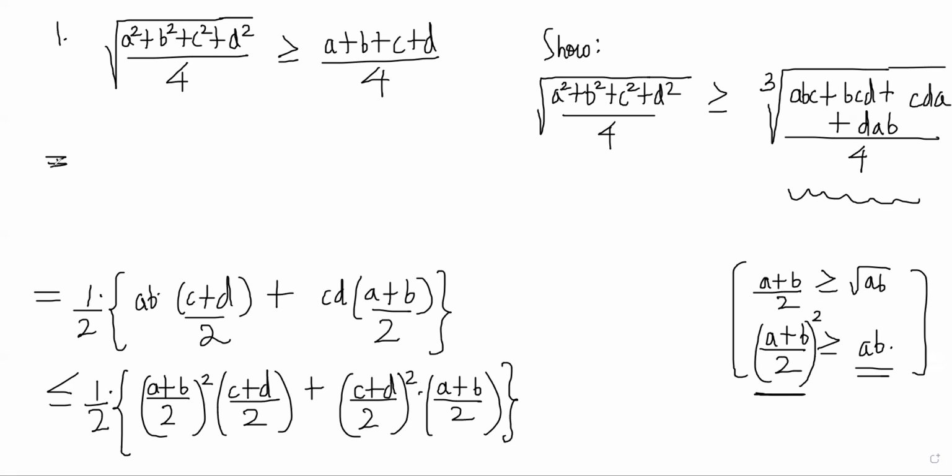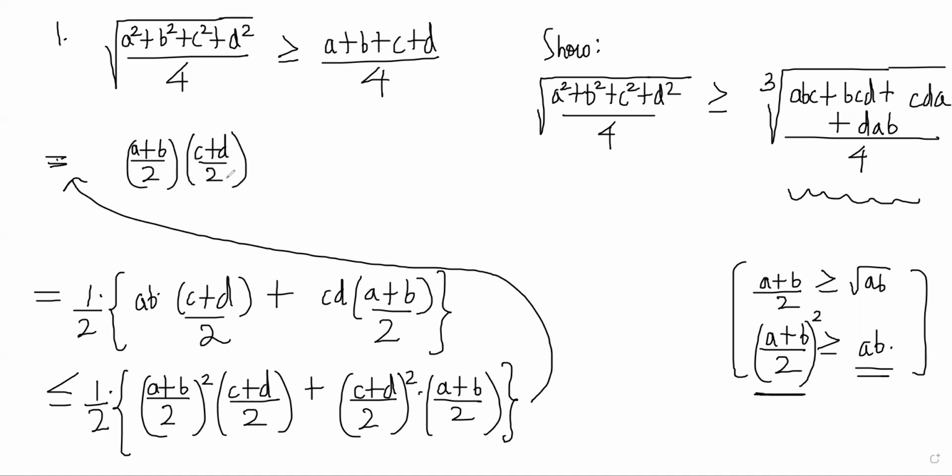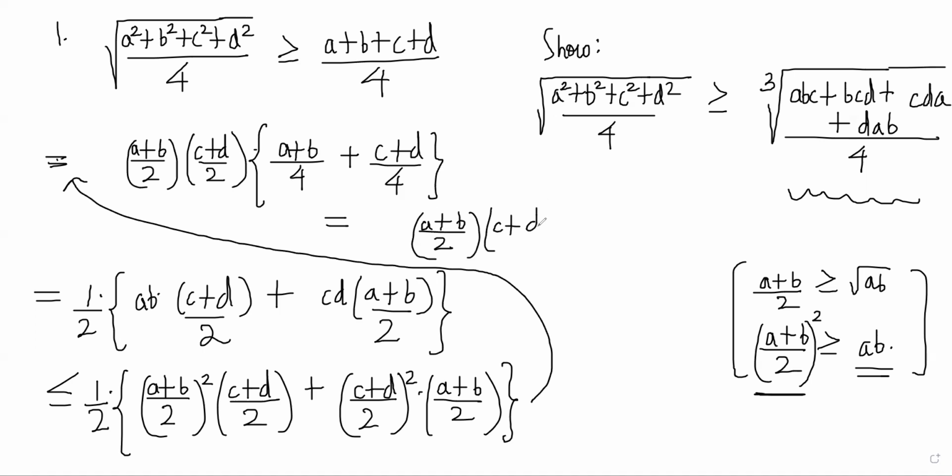So this inequality is equal to a plus b by 2 common, c plus d by 2 also common, and inside, you take the half inside, you get a plus b by 4 plus c plus d by 4. So basically, you get a plus b by 2, c plus d by 2, and inside a plus b plus c plus d by 4. This is what I'm getting so far, right?